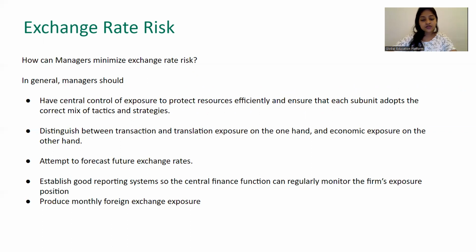You distinguish between transaction and translation exposure on the one hand and economic exposure on the other hand. Attempt to forecast future exchange rates. So this way you are able to do some sort of planning and mitigate the risk that would come up.